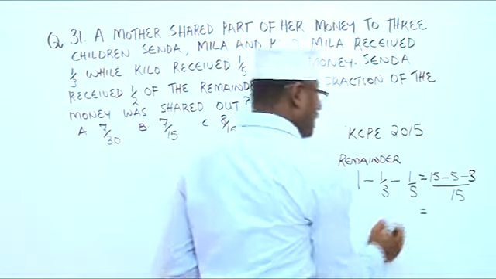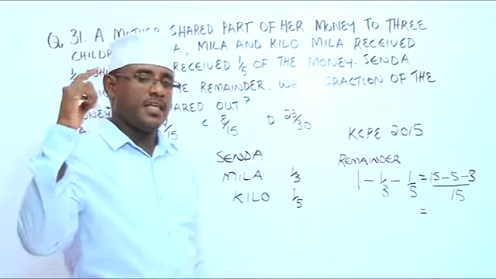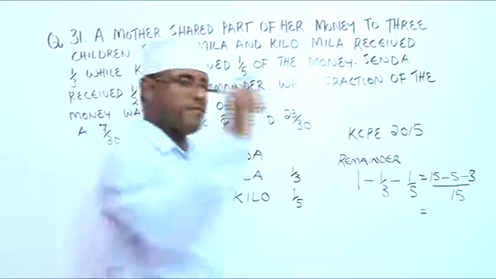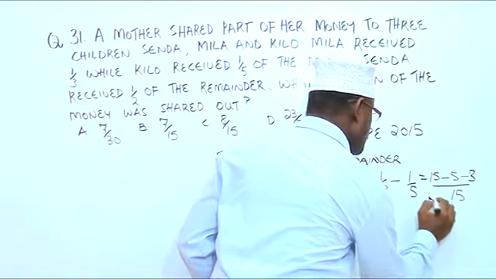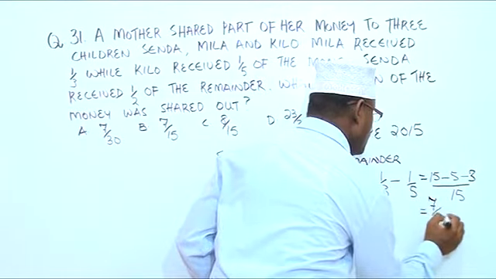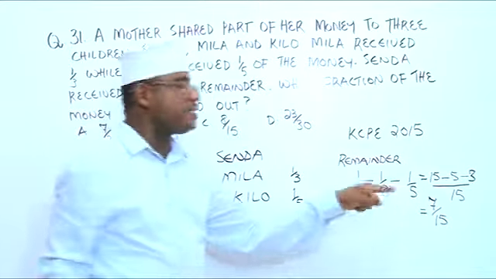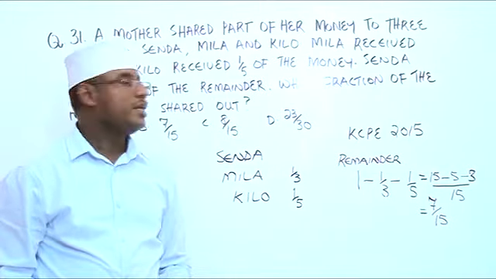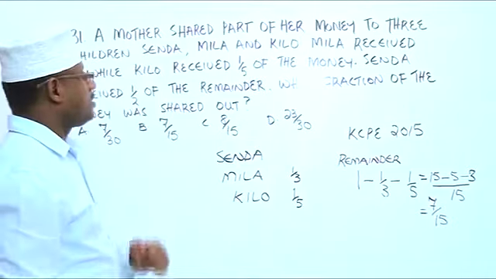So the remainder is 15 minus 5 is 10. 10 minus 3 is 7. So the remainder is 7/15. This is the remainder. Now, let's go back.